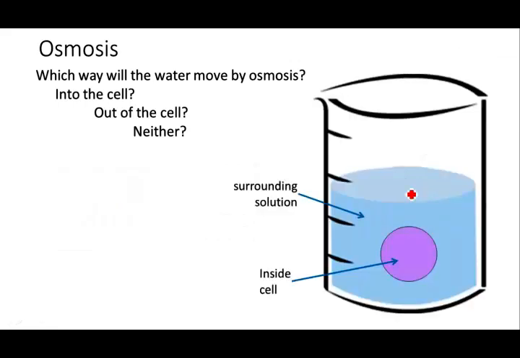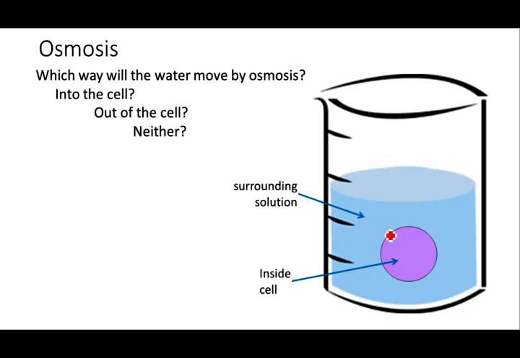All right, so let's set up a little scenario, and you're going to be doing something similar in lab this week. We're going to set up a scenario where we have this beaker with a solution in it. It'll be the surrounding solution, and then we're going to have an imaginary cell. We're going to do a model cell in lab this week, where we're going to make a cell out of cellulose tubing that has tiny little holes in it that will be a model for a cell membrane.